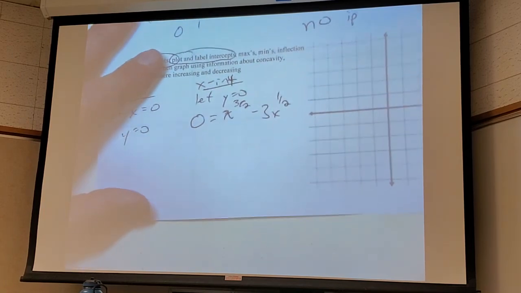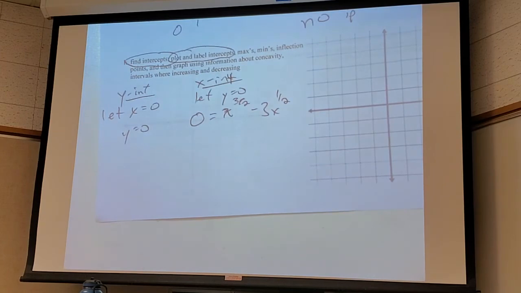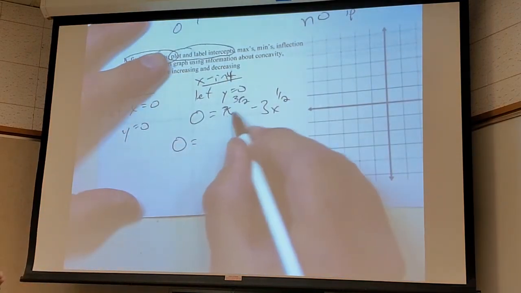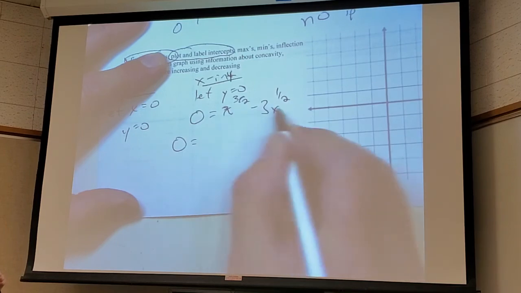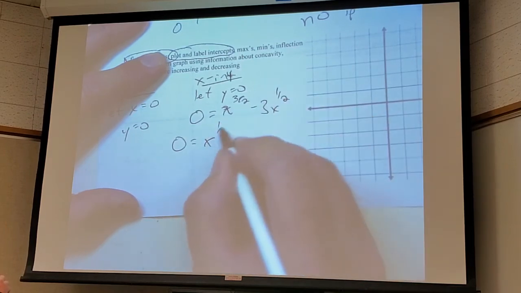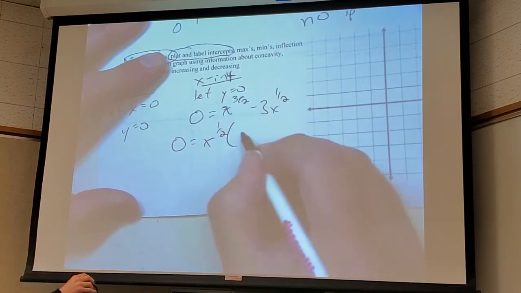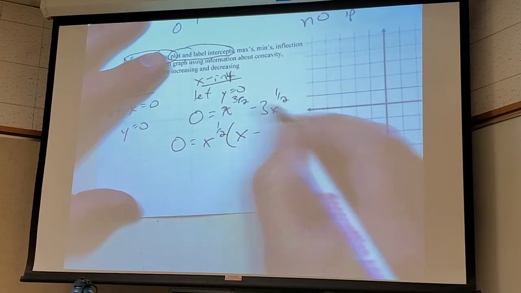How do you solve 0 equals x squared minus 4? What would you do to solve that? Add 4 and take the square root. You could, or you could factor, right? Factoring is the safer way to do this. So what comes out? x to the 1/2. Good, the smaller one. 3/2 minus 1/2 is 2/2, which is 1. x to the 1/2 comes out.